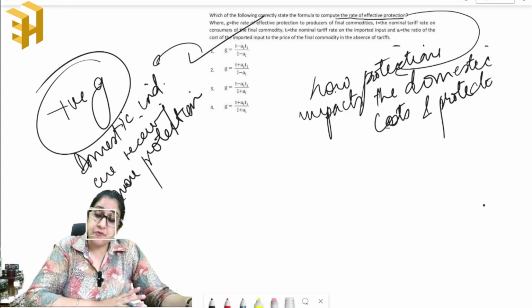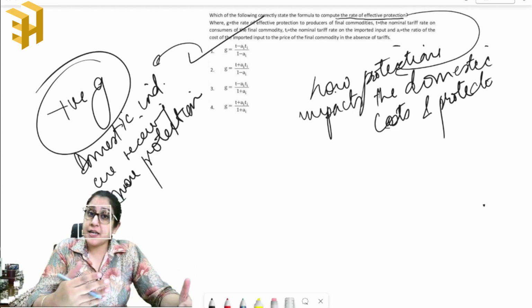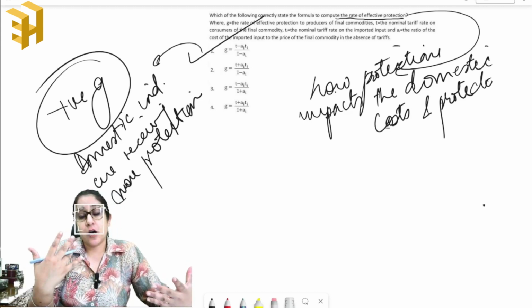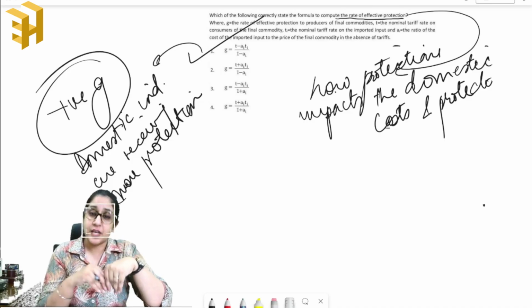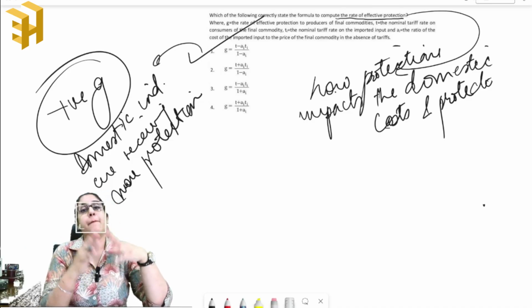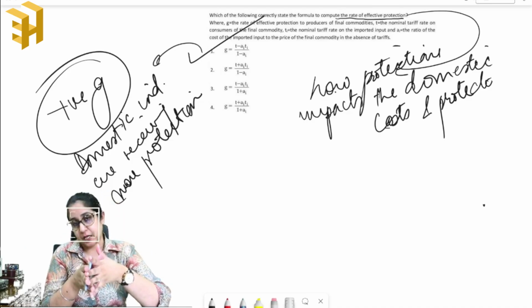So a positive G is trying to make your domestic industries capable of competing with your foreign industries, by giving them a cushion basically.